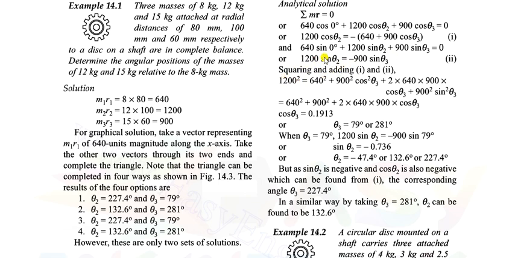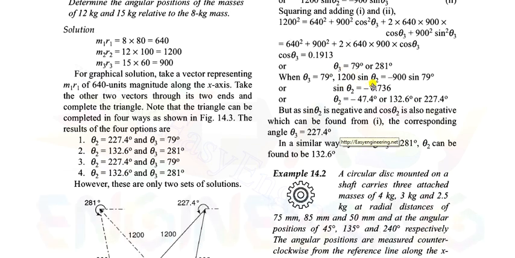So now you are getting this equation and this equation, both square and add. So this will become 1, sine square theta 2 plus cos square theta 2 will become 1, and you are getting this. Okay, so after solution you will get cos theta 3 is equal to 0.1913, and you are getting 79 degrees. Okay, so first angle theta 3 is 79 degrees.